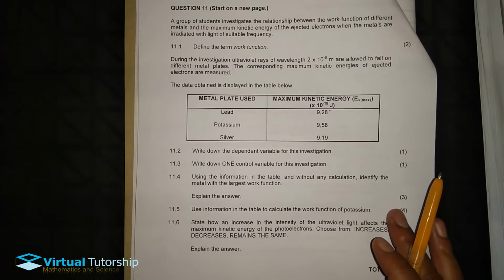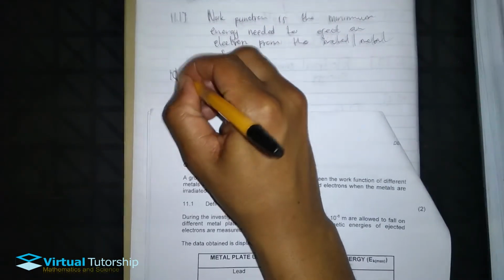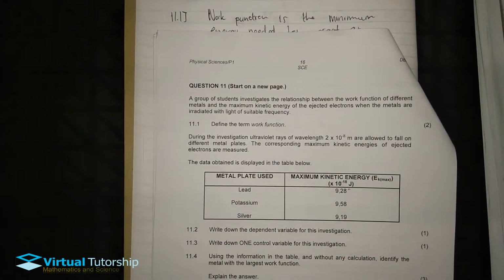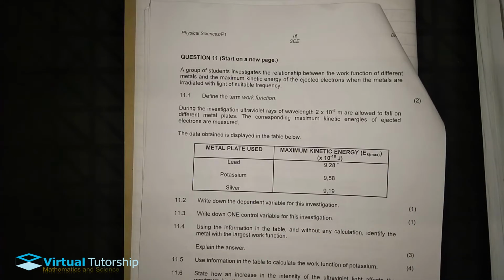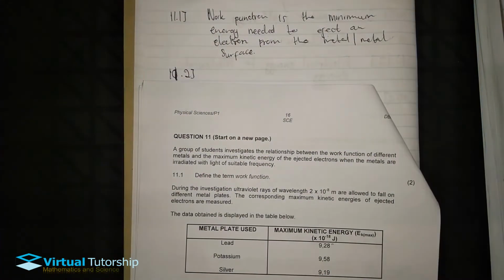11.2. Write down the dependent variable for this investigation. The dependent variable is the variable that depends on something or another variable. It's sort of like the outcome of the investigation, the output value.